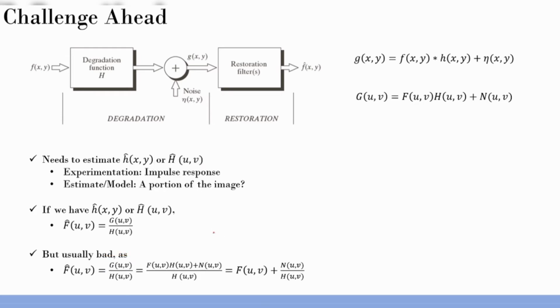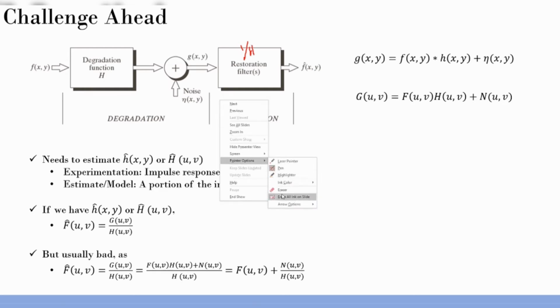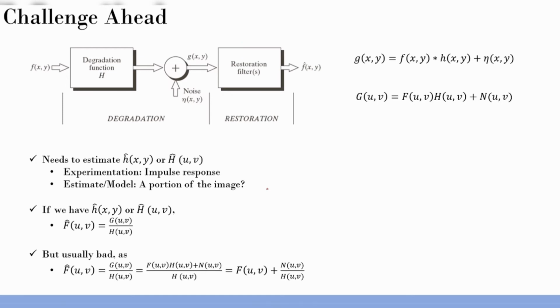So most of the time a simple inversion or a simple division is really not possible, okay. So the concept in this case is that the inverse of the degrading function will be nothing but 1 over h, right? It will work in many ideal scenarios, but in practical scenarios this is going to fail. Many problems are there, the noise gets amplified.